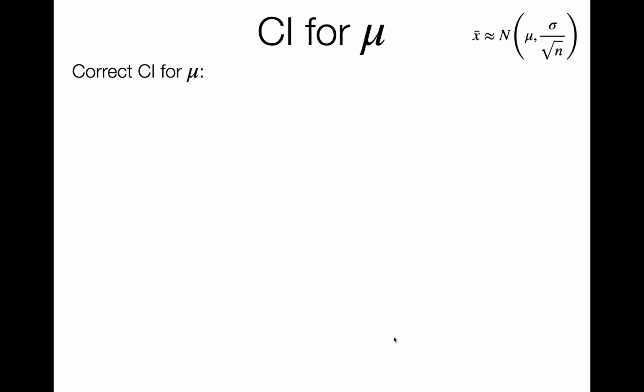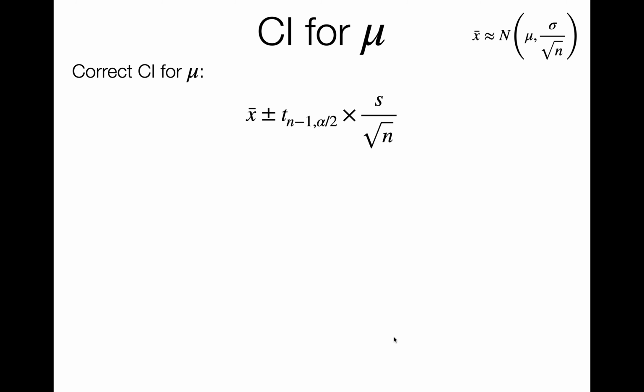So now the correct interval is this. I made that change from sigma to s, and something big happened. Now instead of using a z, I'm now using this t. So this is going to be a t confidence level number. The confidence factor that I find is a t from the t distribution with n minus 1 degrees of freedom and alpha over 2 area to the right.